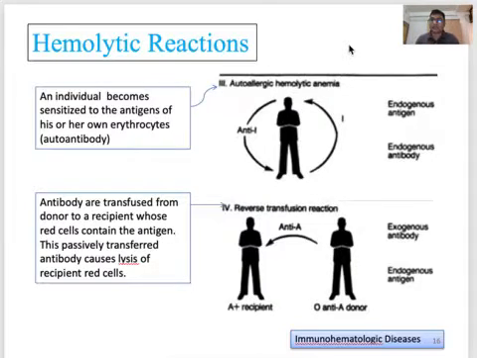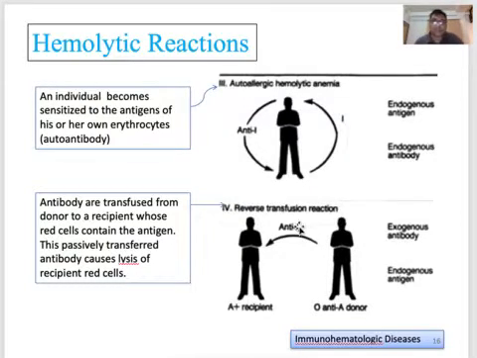That is why it is called autoallergic hemolytic anemia. In this case, both the antigen and antibody are endogenous. I have the antigen, and usually my body should not produce antibody against my own blood cells, right? But it can occur sometimes, and if it occurs, that is the disease condition.